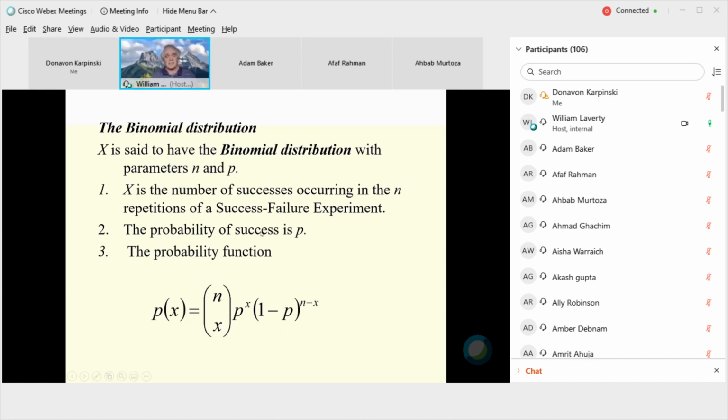The probability of success is p. There's the formula. So usually you have n time points, and at each time point you can have a success or a failure. P is the probability of success at each time point. N is the number of time points. X is counting the number of successes in the n time points.